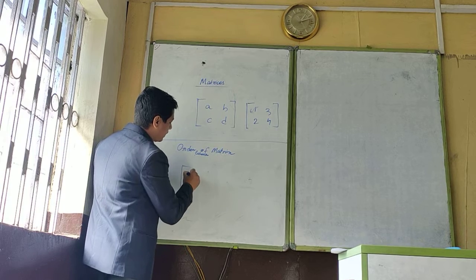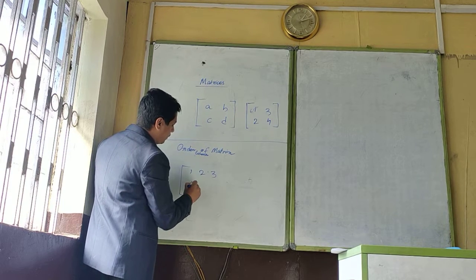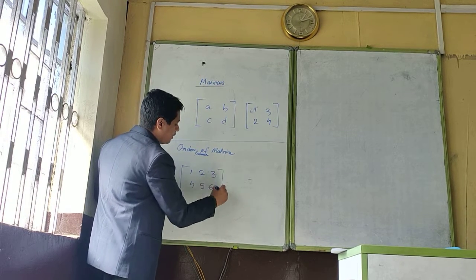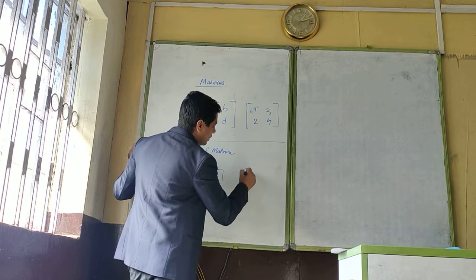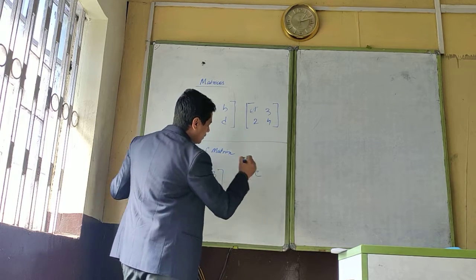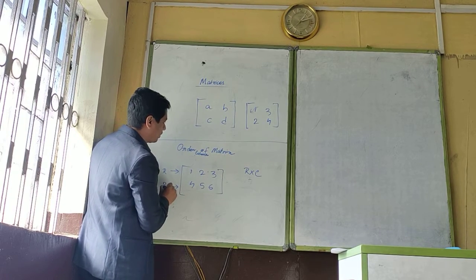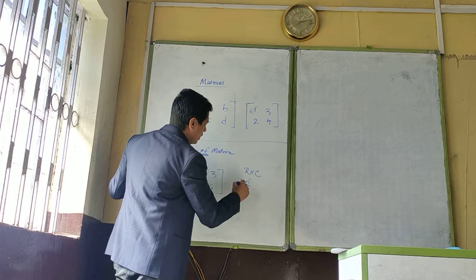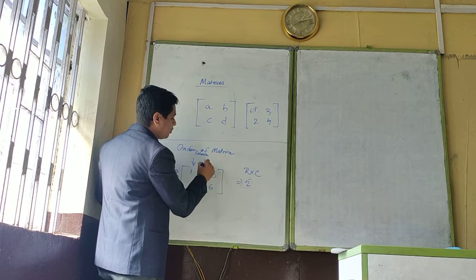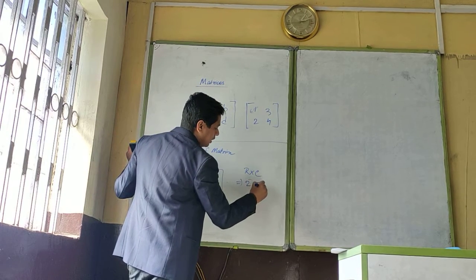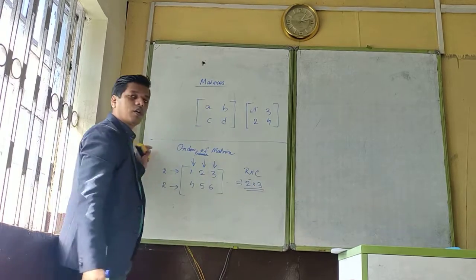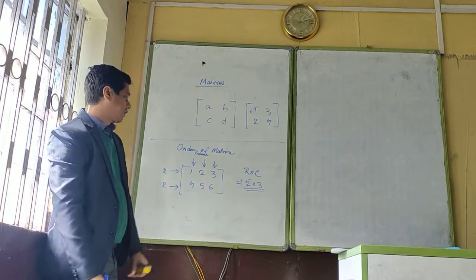Let's consider another example. 1, 2, 3, 4, 5 and 6. To find the order of this matrix, again the same formula, R into C. How many rows do we have out here? We have 2 rows. And how many columns? 1, 2 and 3. So 3. So this is the order of this particular matrix.